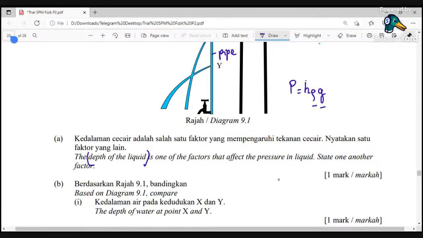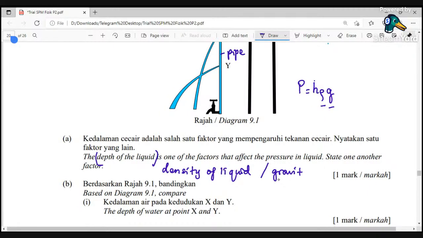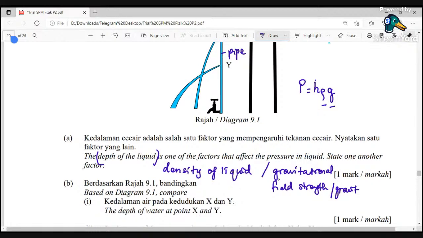You can just write down density of liquid, or gravitational field strength, or gravitational acceleration is in here.